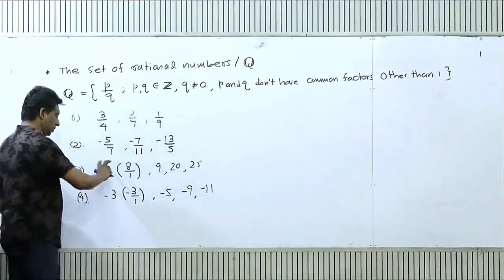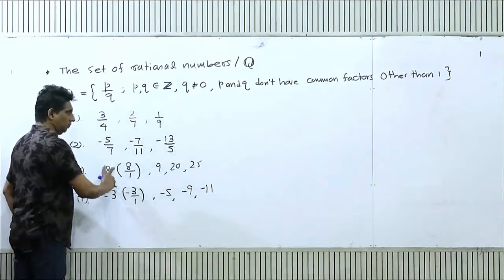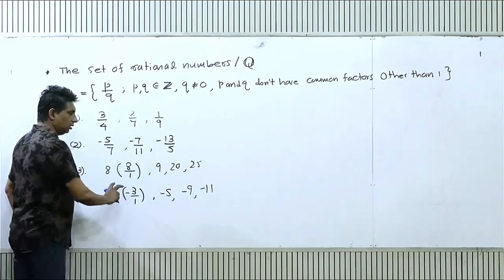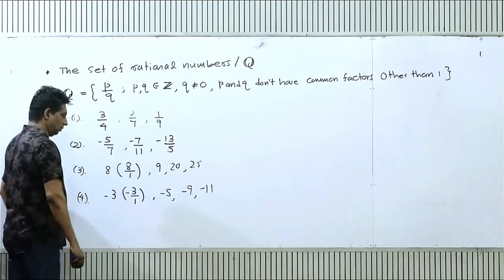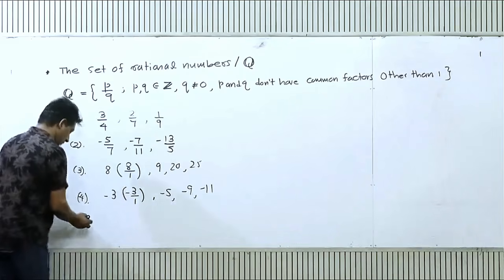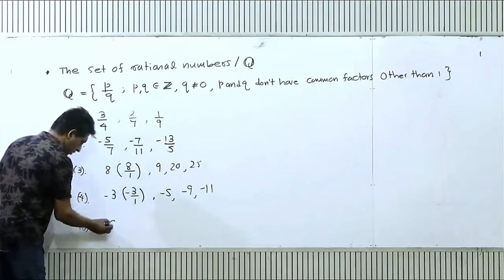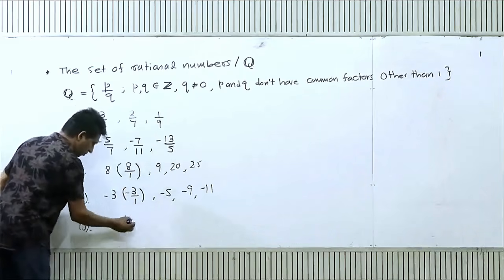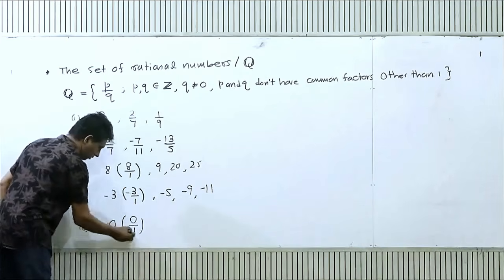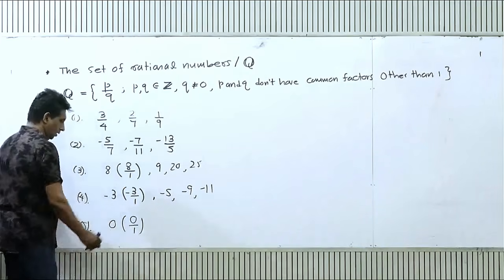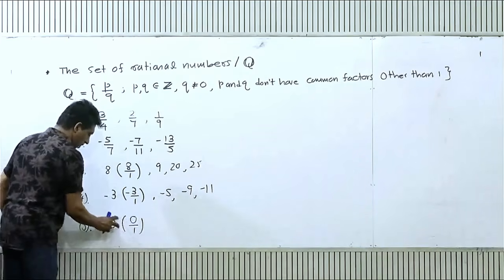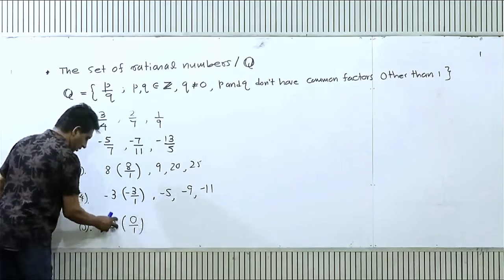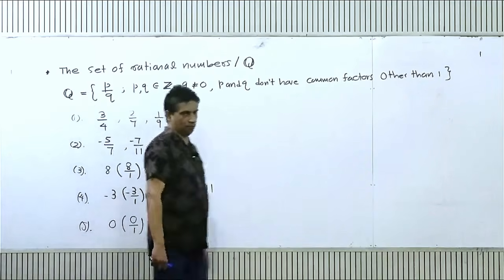So all the positive integers and all the negative integers are rational numbers. Then what about 0? 0 is also the same, no? We can write 0 over 1. That means this one is a rational number. The meaning of it, 0 is a rational number.